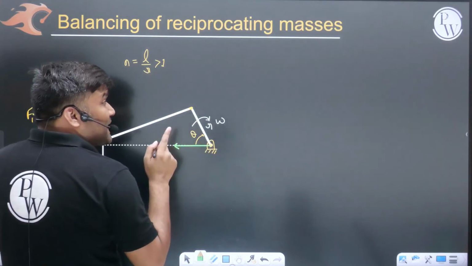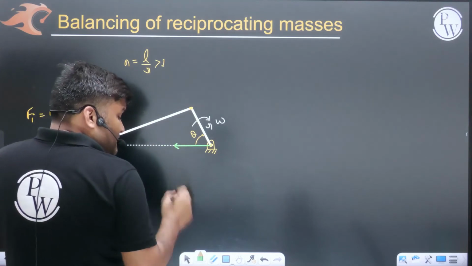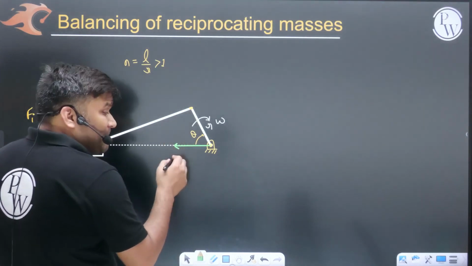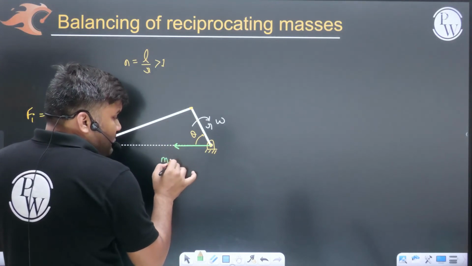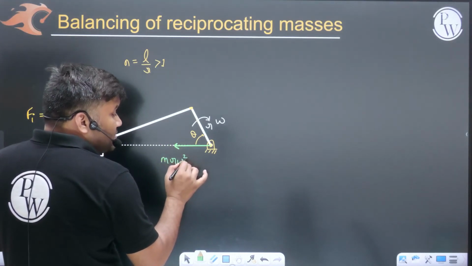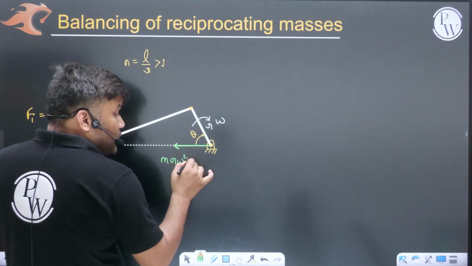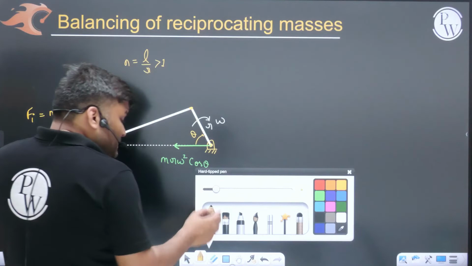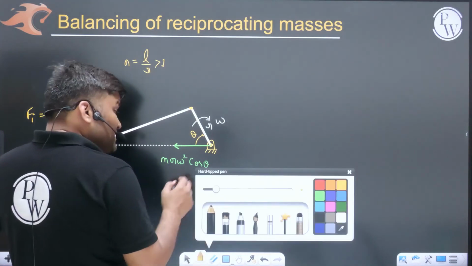Suppose I am talking about primary unbalanced force ka balancing. Sir, how much is the primary unbalanced force here? Sir, primary unbalanced force looks like m r omega square cos theta. This is the primary unbalanced force. One student said, sir, it seems that this is unbalanced force.